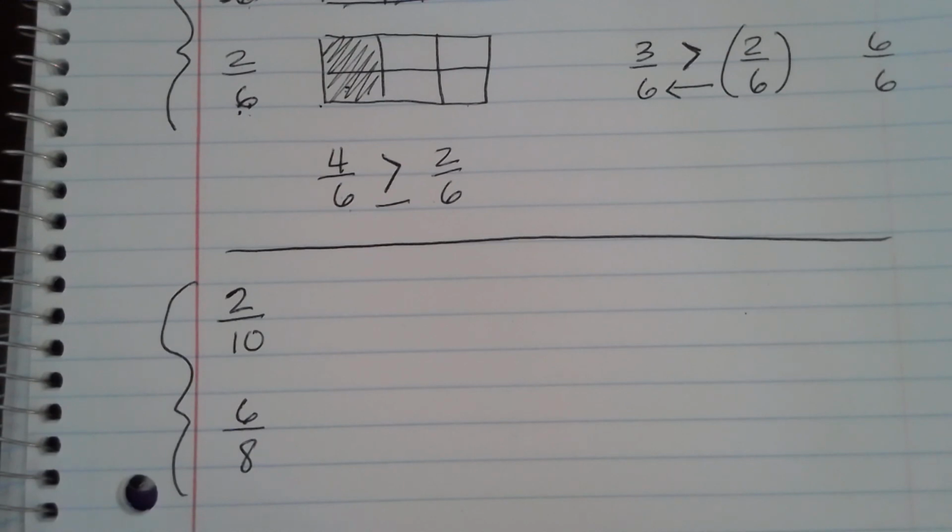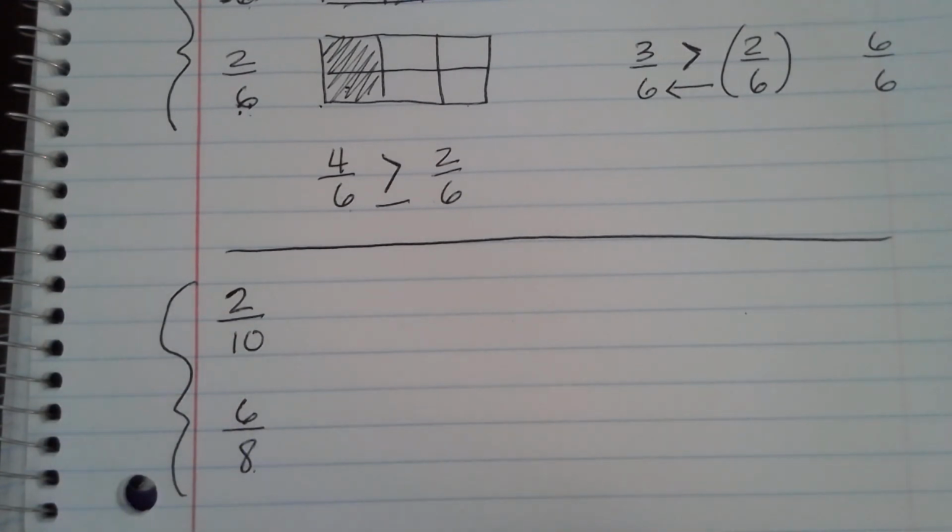Now we're going to jump right into two different fractions with different denominators, and decide which is bigger and which is smaller. I want to compare them to what half of that fraction would be and what a whole of that fraction would be.